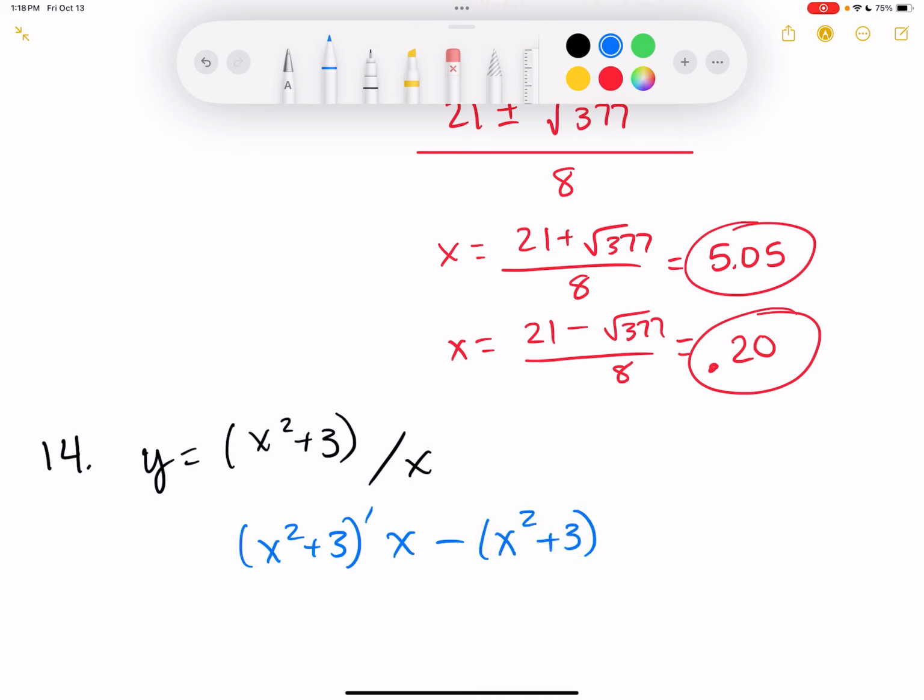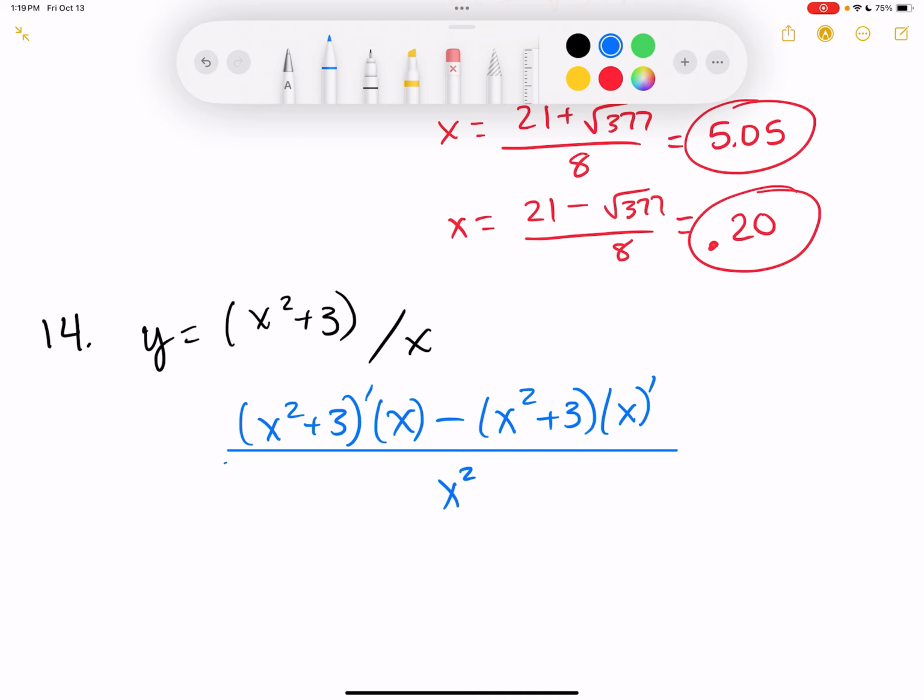So then, what is the derivative of x squared plus 3? 2x. 2x times x. Okay, and I'm going to write out every little detail of this one. Normally I won't do this. Minus x squared plus 3 times the derivative of x, which is 1, so I don't need to write it, over x squared.